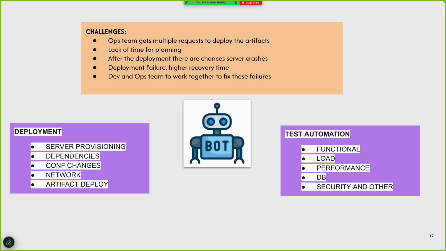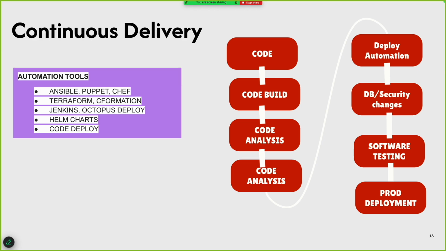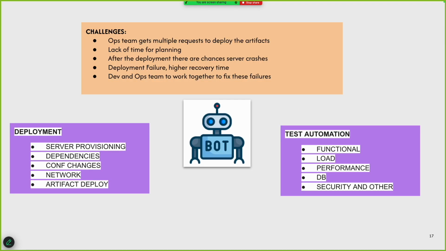Like I said, in agile and operations, the coding things were automated and went without any challenges, but the operation side had a lot of challenges. To address that, the DevOps model comes into the picture. Those challenges are, first, the ops team gets multiple requests to deploy the artifacts.